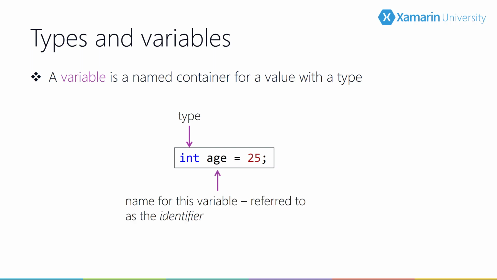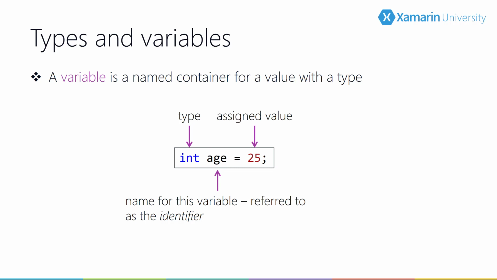Then it consists of the name of the variable. The reason why we have to give it a name is because a variable is really stored in memory. And if we didn't have a name, we would have to access that variable by the memory address. That's really hard to remember, so we associate names to make it easier for us to access that memory location. And then we have a value.